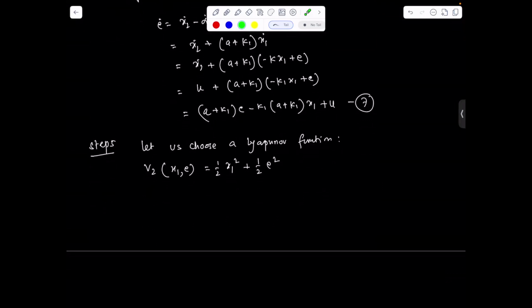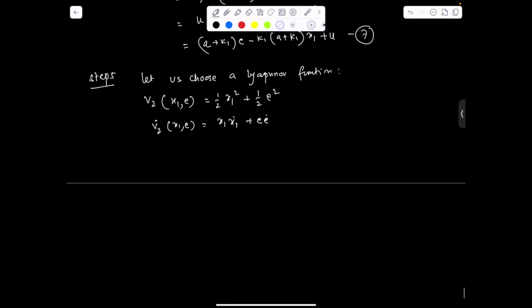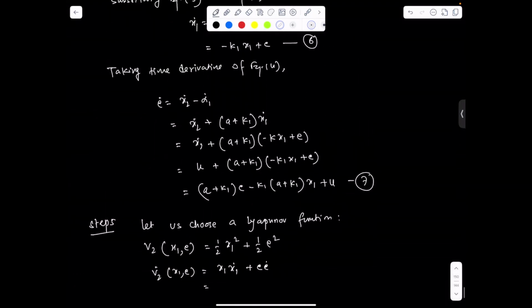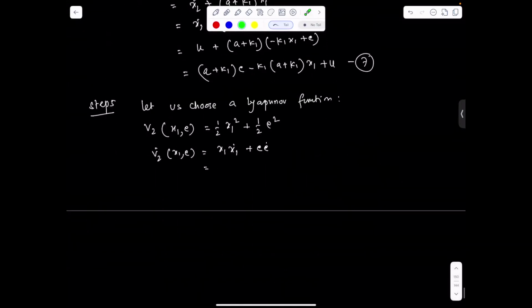So now we'll take the time derivative of this. V2 dot equal to x1 x1 dot plus e e dot. In place of x1 dot, we already have the expression, so we'll substitute it. We can write x1 into minus k1 x1 plus e, into e.